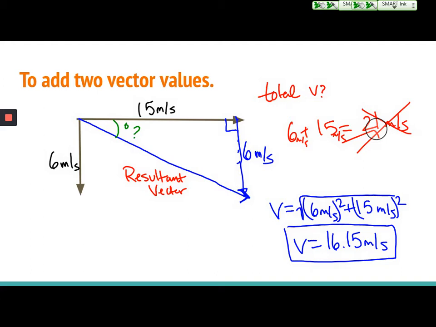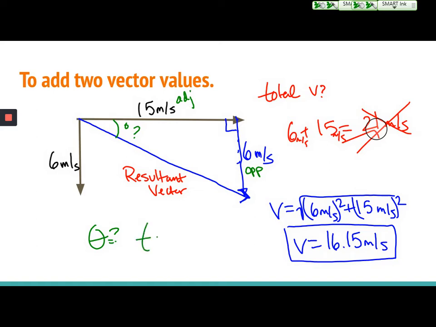So, what is my angle? We need to figure out, well, what angle is this? We have our numbers, so this would be the opposite divided by the adjacent. I know my opposite side, and I know my adjacent side. So we're going to use tangent to figure this out.